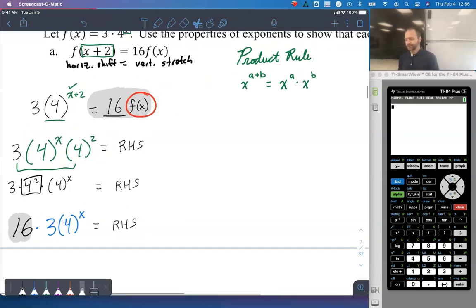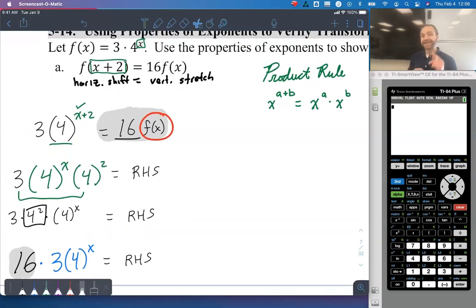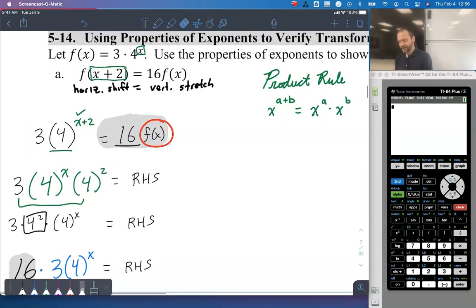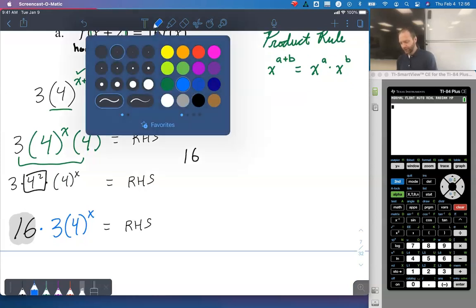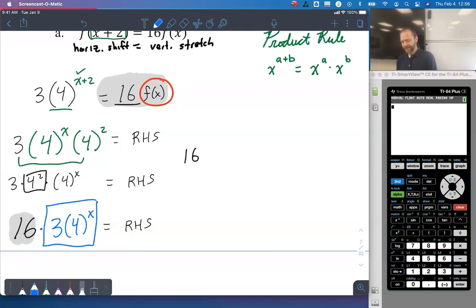Well, look at this. What does f of x equal? Go back to the original. F of x equals 3 times 4 to the x power. That blue is f of x. I have 16, and that blue right here is what f of x equals. So I have 16 times f of x equals 16 times f of x.